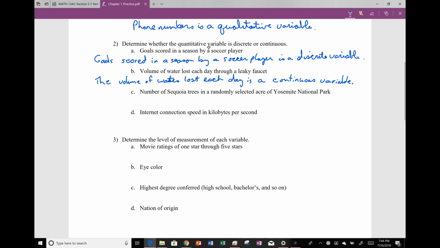We don't say, oh, well, that counts as a third of a tree. This counts as maybe an eighth of a tree. If we measured height, yes. But the number of sequoia trees is actually discrete. So the number of sequoia trees is a discrete variable.